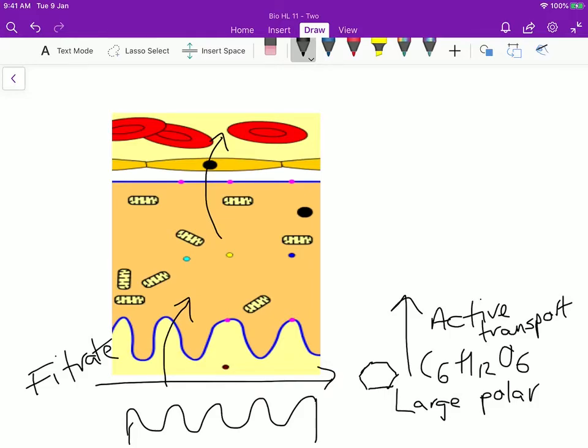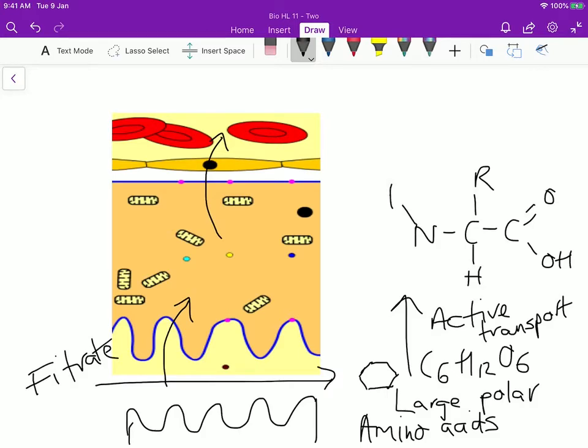We also have amino acids. Because they have a charge, with our amino acid structure, because of this structure and the fact that this will go around to here and give us a positive group and leave this side being negative, it's large enough and charged enough that it's going to be slow moving through the membrane without a way to get through.